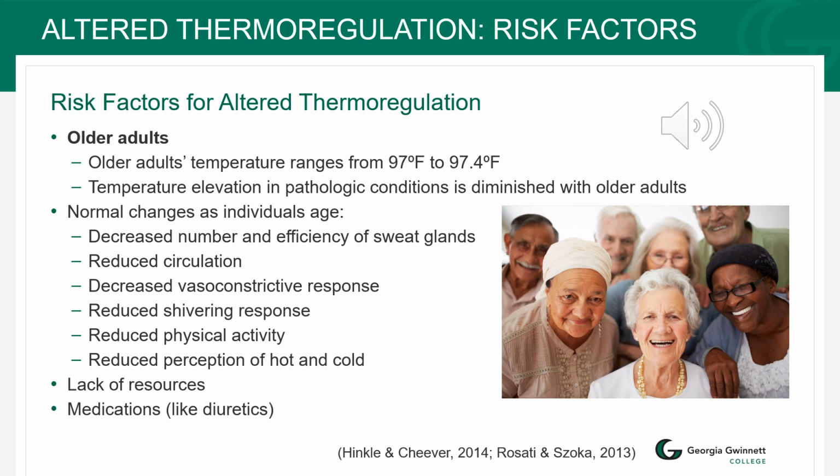A lot of times older adults have lack of resources, so they might keep their thermostat really low because they can't afford the heat, or they may have dementia or altered level of consciousness, so they don't know to dress according to the varying temperatures in the environment. And oftentimes older adults are on medications that will impact how their body responds to extremes in environmental temperatures, which puts them at risk for altered thermoregulation.